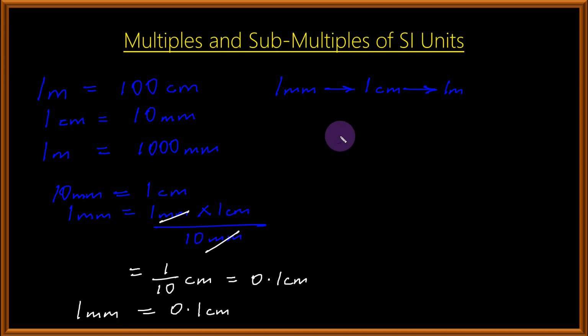Similarly, we know that 100 centimeters is equal to 1 meter. So how many meters is equal to 1 centimeter? Again, we do cross multiplication. 1 centimeter times 1 meter. You divide all this by 100 centimeters.